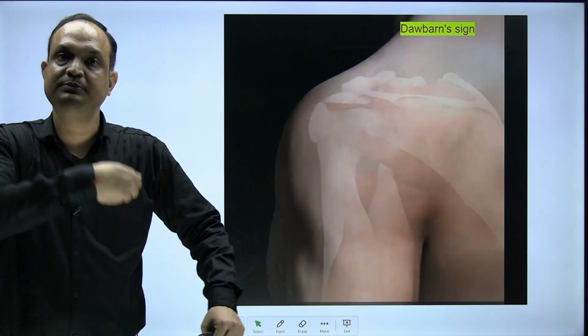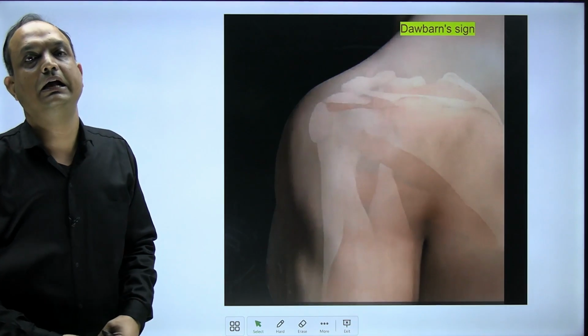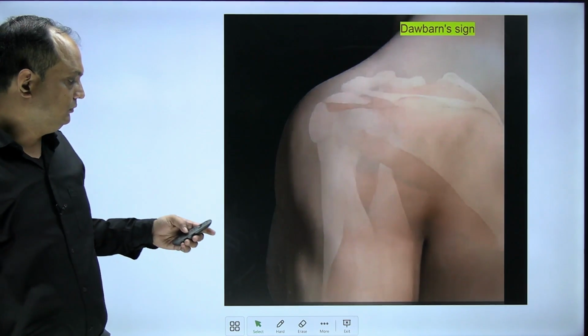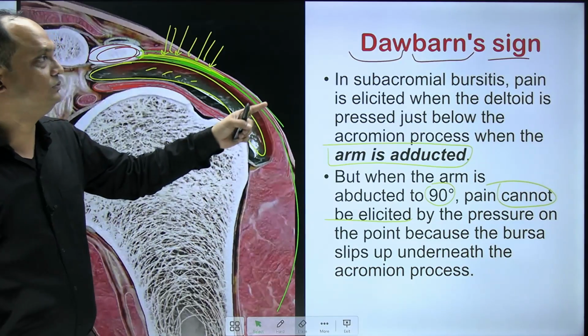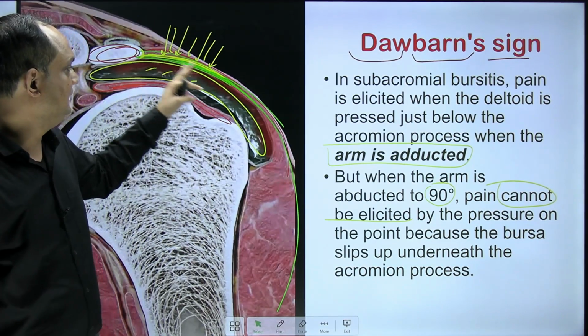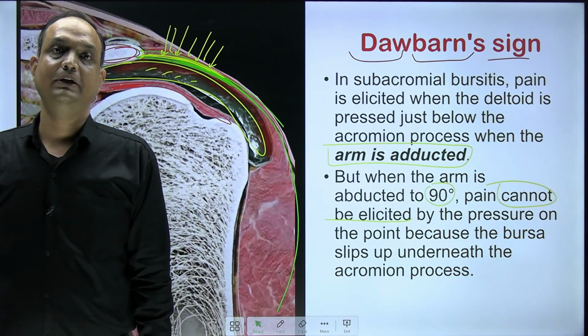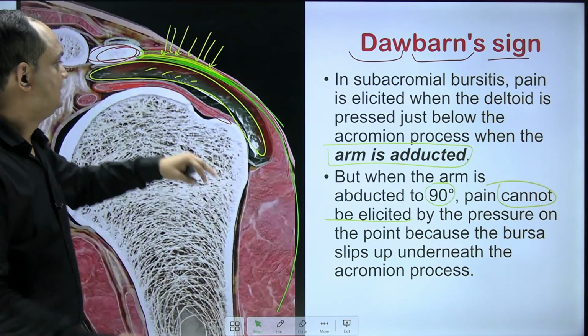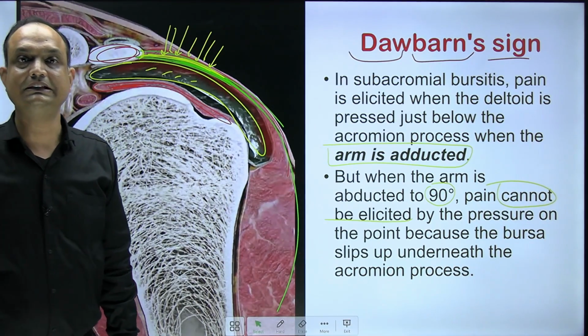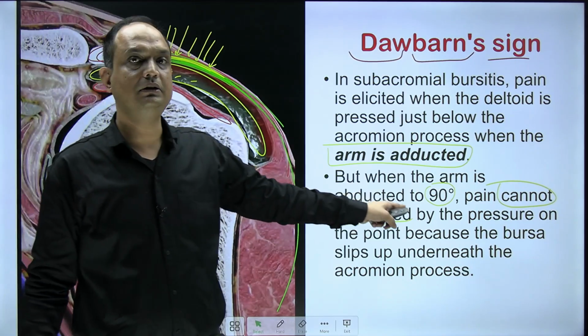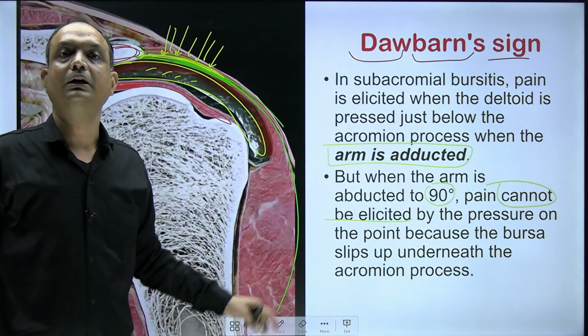Because it has slipped deep to the acromion process. The important thing to understand is that you can produce this sign only when the arm is adducted. When abduction takes place, this bursa slips deep to the bony process, and that is why in abduction you cannot produce the pain.